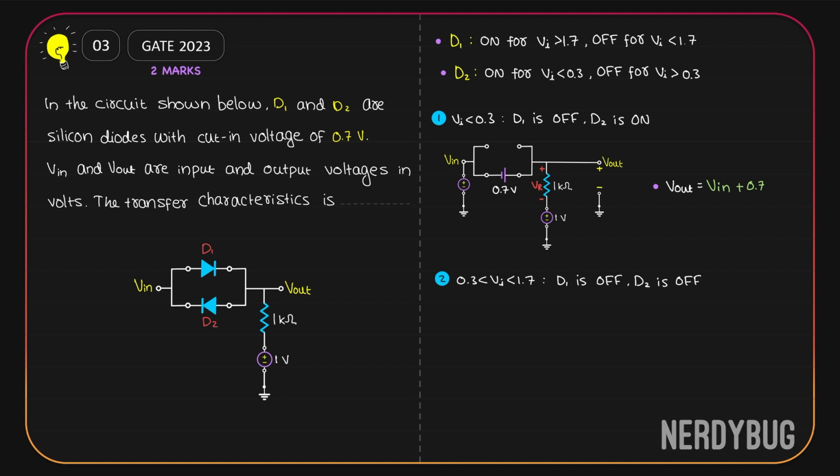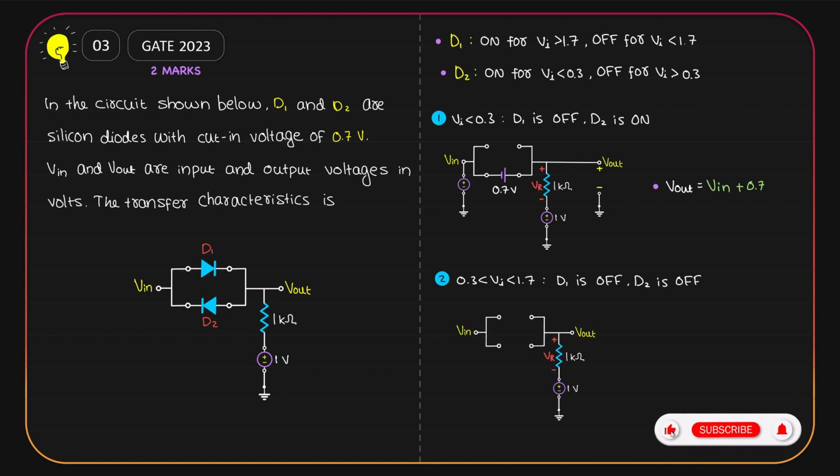Both diodes can be modeled as open circuits and the circuit will look like this. Now, V out is VR plus 1 volt. But since the circuit is open over here, there is no current flowing through the resistor R, and therefore there is no potential drop across it. VR is 0. So Vout is just 1 volt.